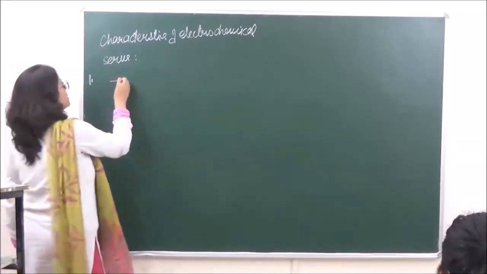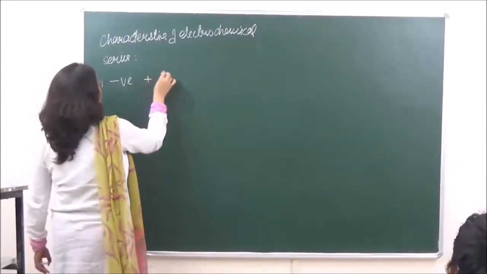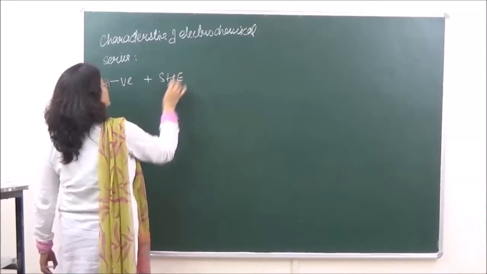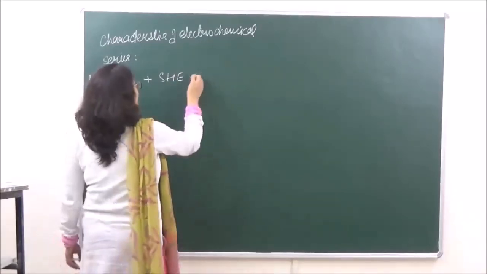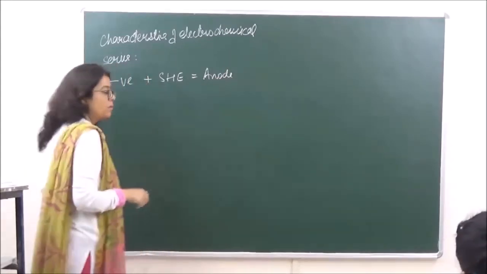So, if we have a negative reduction potential and we are connecting it with SHE, the electrode acts as anode.